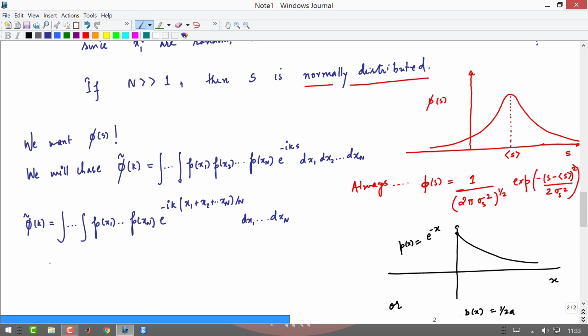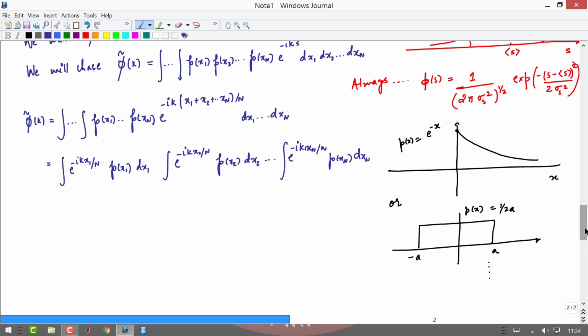And since these variables are uncorrelated, I can split up these exponentials and write them as e to the power minus ik x1 p of x1 dx1, into e raised to minus ik x2 p of x2 dx2, all the way to e raised to minus ik xn p of xn into d of xn.